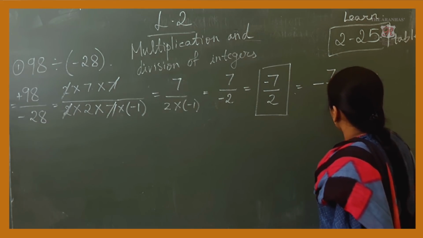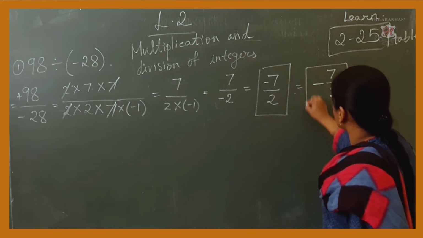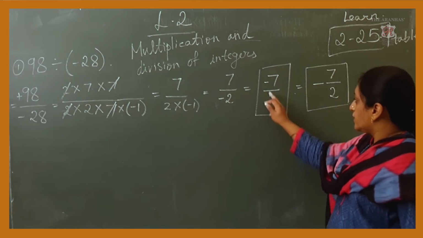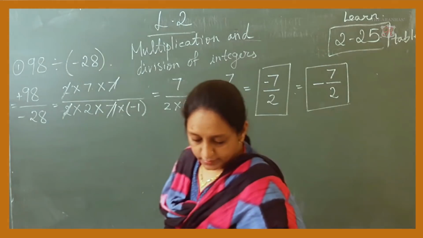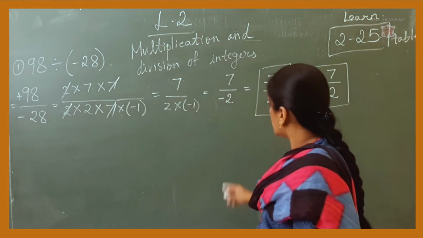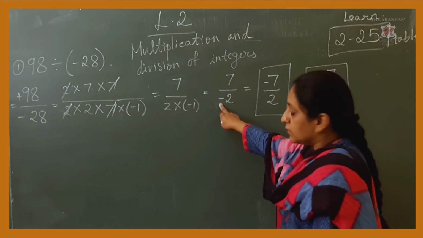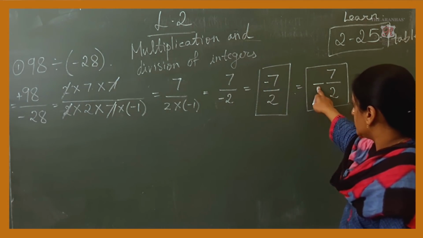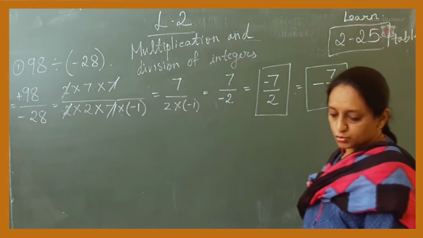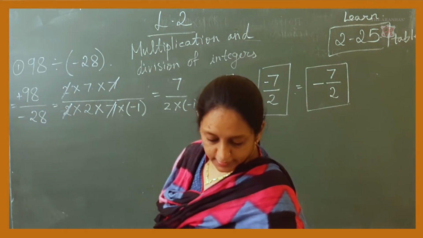Minus 7 upon 2. Both are correct. The minus sign from the denominator has gone to the numerator. How did it go? Because we are dividing, here there is a minus sign, it goes up. You can write it here with 7 or you can write it in the center. Minus 7 upon 2. This was the second example.